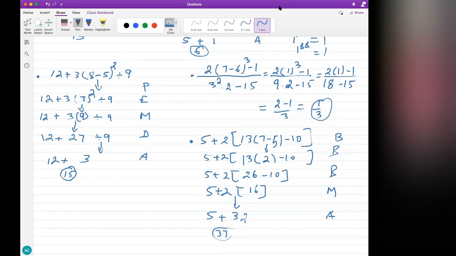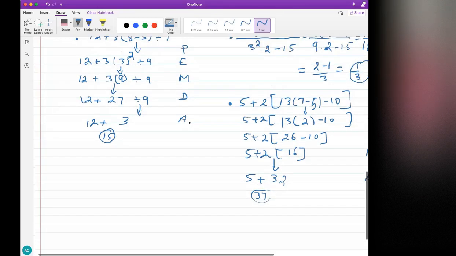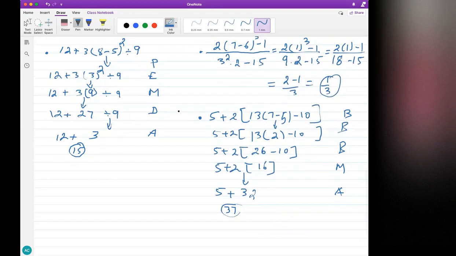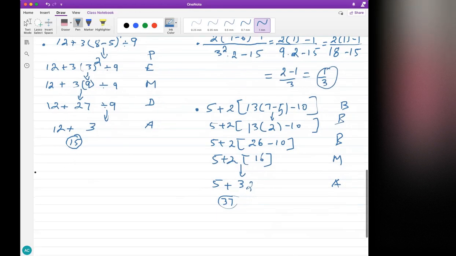So this also applies to fractions. So far we've used only integers or whole numbers. The same order applies to fractions. Say you have 1/6 added to 2/3 times 5/2.